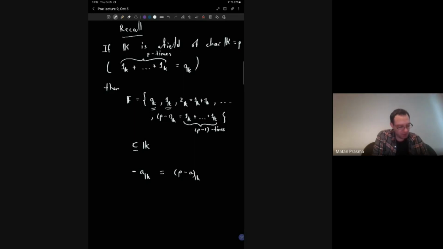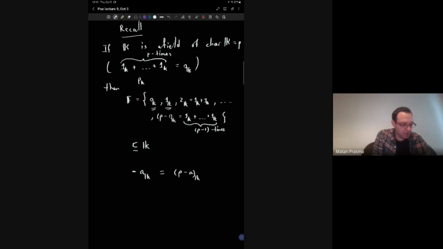Of course, if you add these two together, you get p sub k, and p sub k is 0, because we are in characteristic p.